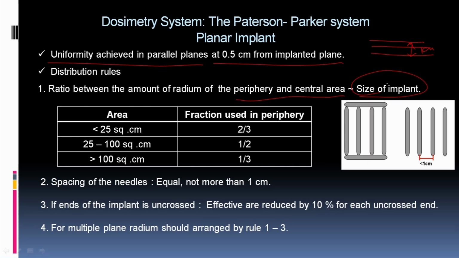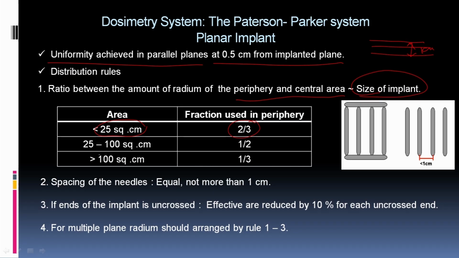And they gave a table: if our target area is less than 25 square centimeters, we need to use 2/3 of the activity in the periphery and 1/3 in the core or central region.